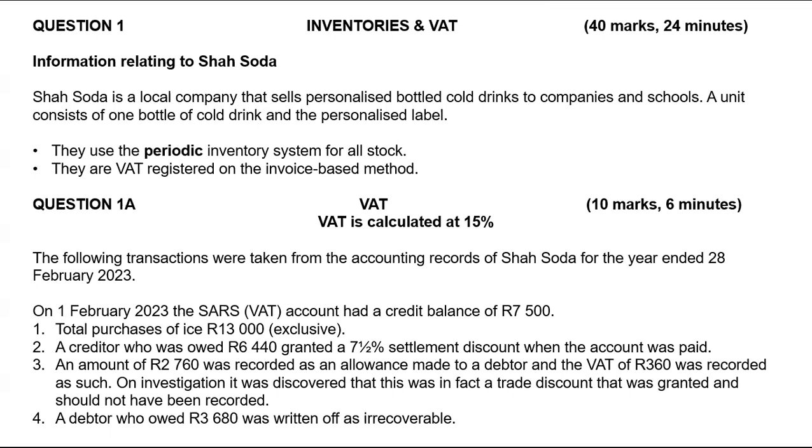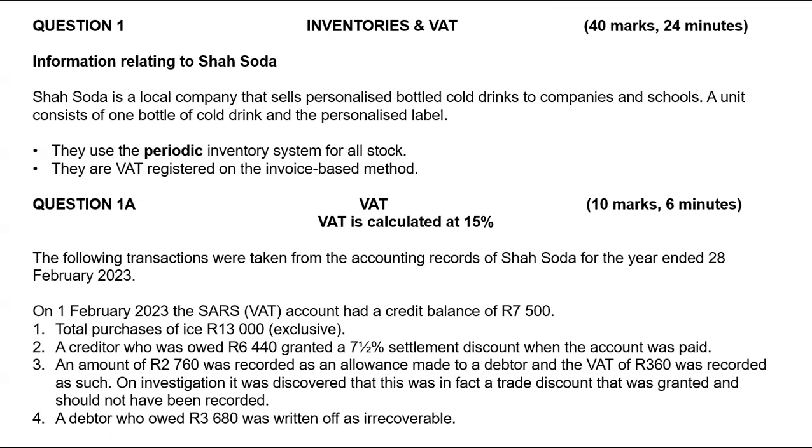Great. Then it says, number one, total purchases of ice 13,000 exclusive. That means that 13,000 does not include VAT. It is basically at 100%. It is not at 115%. It is at 100%. And this is on purchases.